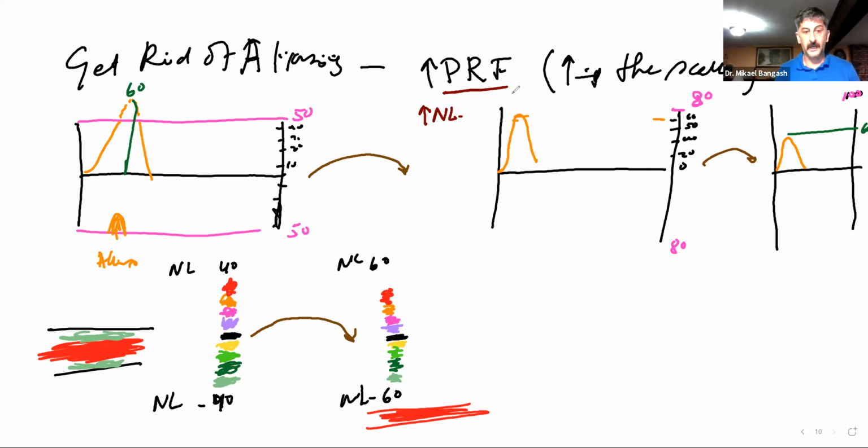The more we keep on increasing the Nyquist limit, the values may become 100, then 120. Did that make sense?